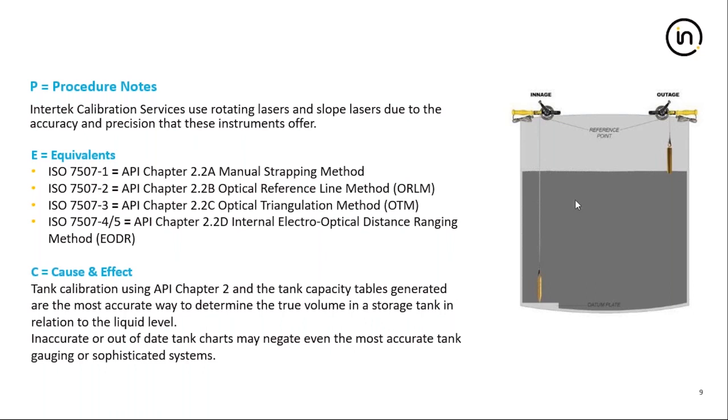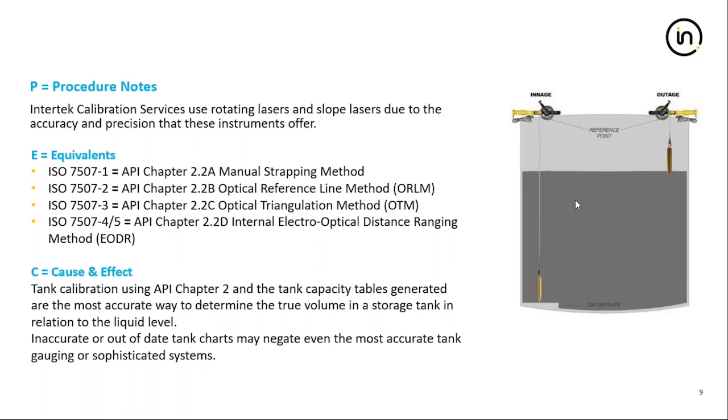Then you use another tape from your reference point to measure the height at which the level of your product begins, and you're going to compare those measurements, and that's going to give you the actual volume of product that you have within your tank.